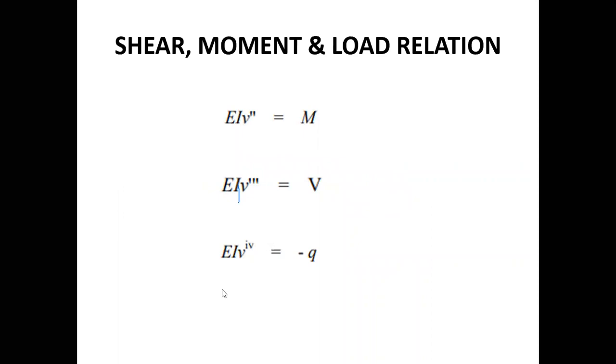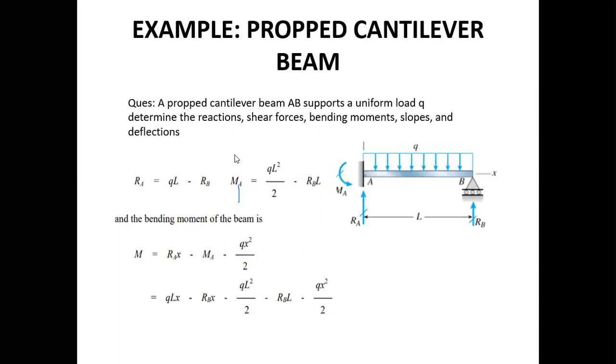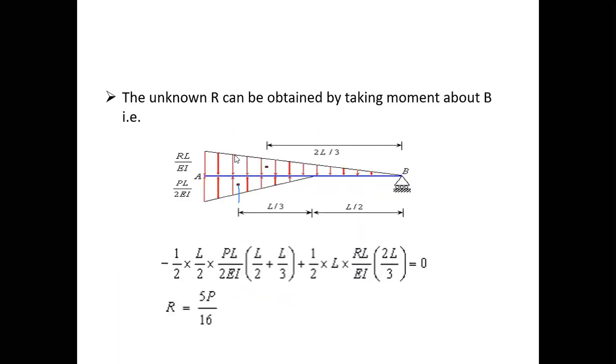Another thing we will discuss is shear, moment and rotation. In the next class we will discuss a different method of analysis for the same beam, that is the integration method, and we will use the integration method for the calculation of various quantities for the case of a propped cantilever beam.